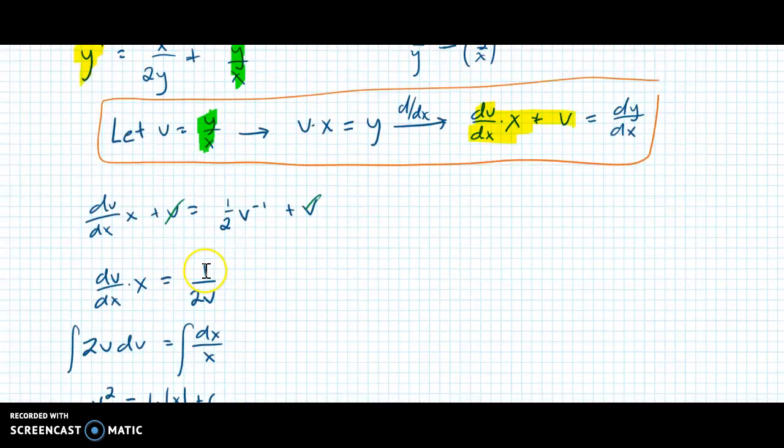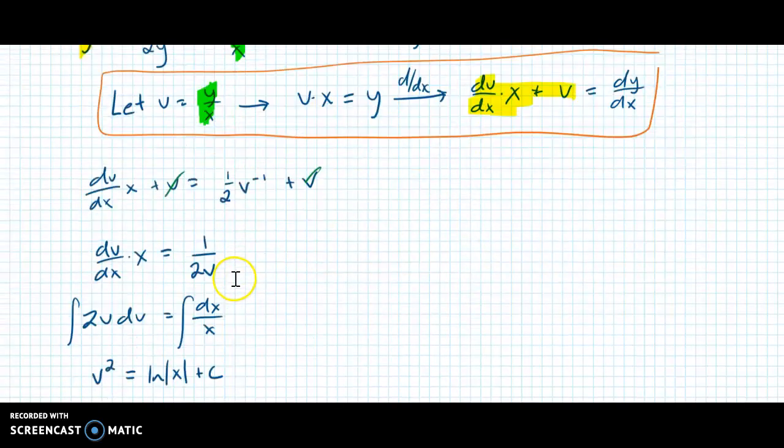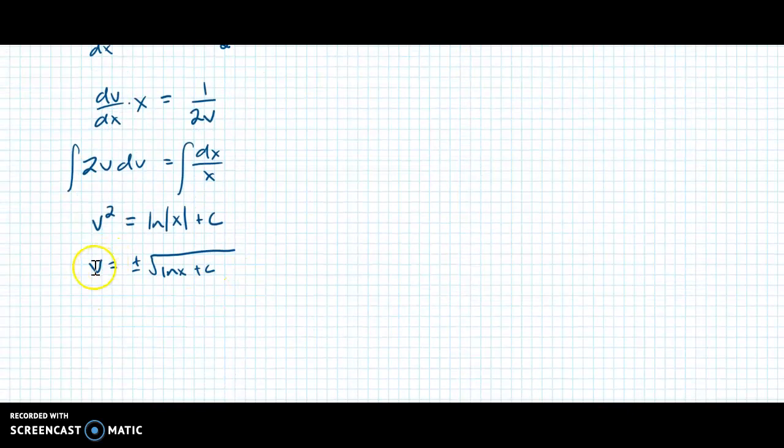So here's the deal. My original problem was with x's and y's. I introduced this v, I brought it out of nowhere. I need to give my answer in the form of the original variables, right? Not in terms of this v. So I'm going to use this definition of v right here, v equals y over x, to replace this guy right here.